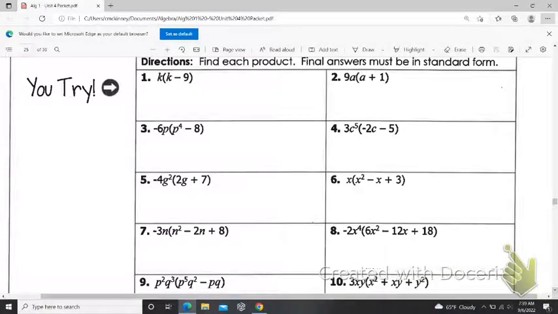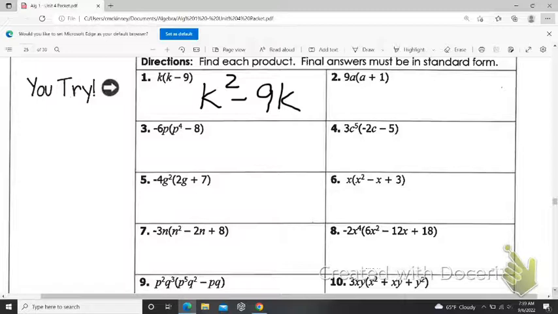Okay, so if you want to try some of the next section before I work a few of them, go ahead and pause and you can try that. But I'll work through a few more of these, not all of them, but a few more. Don't forget that k times k, any variable times itself, is going to give you that variable squared, and then k times negative 9, negative 9k.